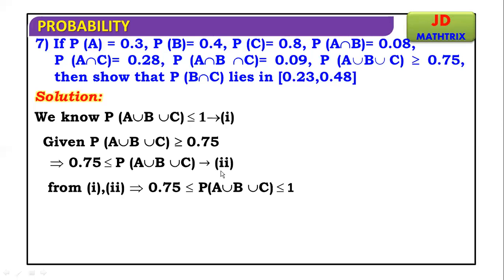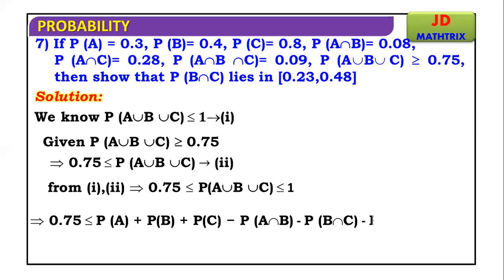Now write the formula for P of A union B union C. That is P of A plus P of B plus P of C minus P of A intersection B minus P of B intersection C minus P of C intersection A plus P of A intersection B intersection C, which is less than or equal to 1. Now substitute all these values except P of B intersection C. We are given all the remaining values.